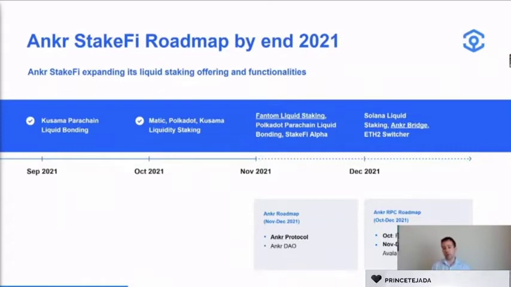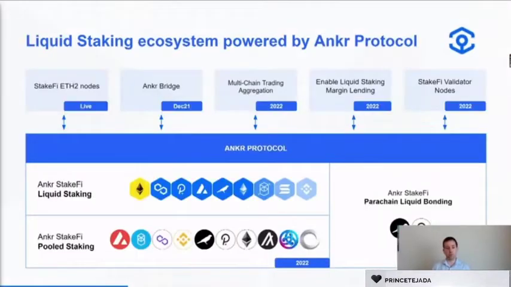The RPC roadmap is also something that Josh is going to present to you in another conference tomorrow, about decentralizing decentralized infrastructure. I really encourage you to attend that conference as well. It will be very interesting. Currently we have multi-RPC solutions for Fantom and Polygon, and for November and December, we're going to expand that product into other chains as well.